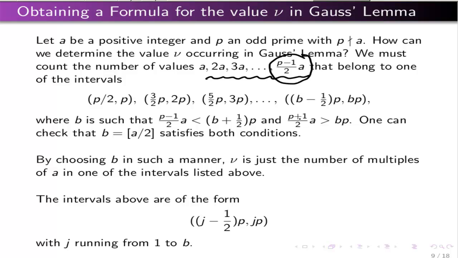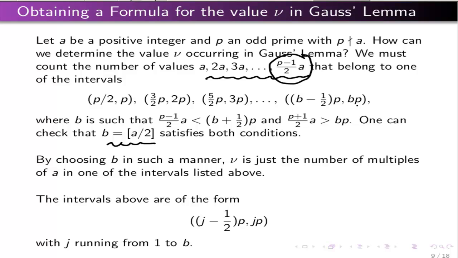And ((p+1)/2)a should be greater than bp. And you can find such a value of b just by taking the floor of a/2. And I'll let you do that calculation yourself and verify that we only need to let b run up to a/2.